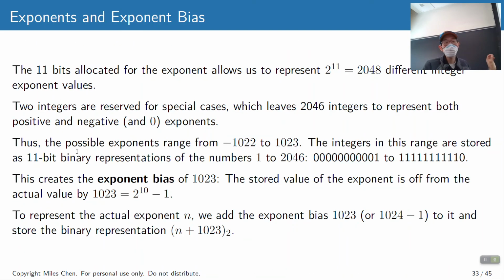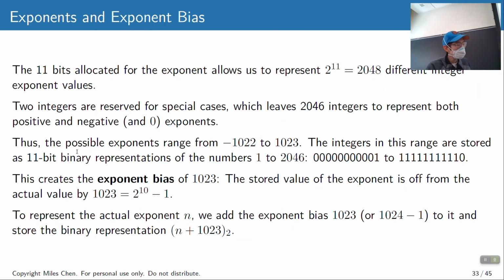We can represent 2 to the 11, a total of 2,048 values. We reserve two of these values for special cases: all zeros is a special case, and all ones is a special case. Everything else we can use to represent positive and negative values, so we have 2,046 values now.